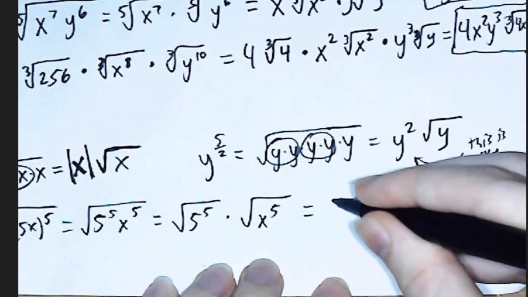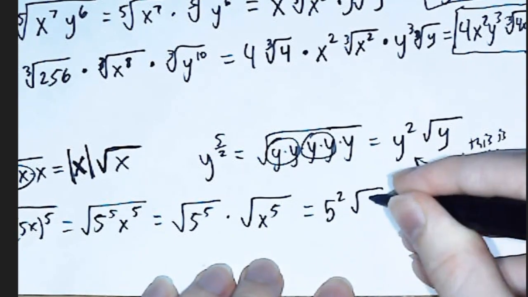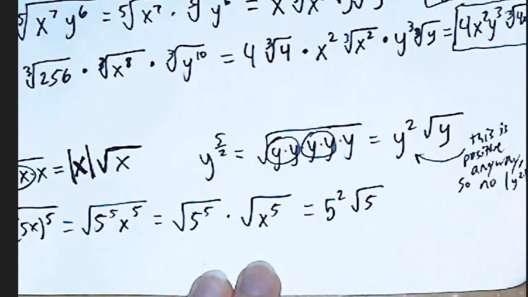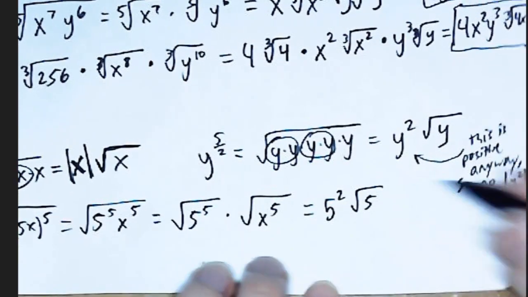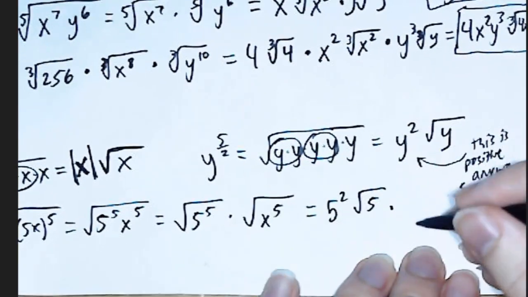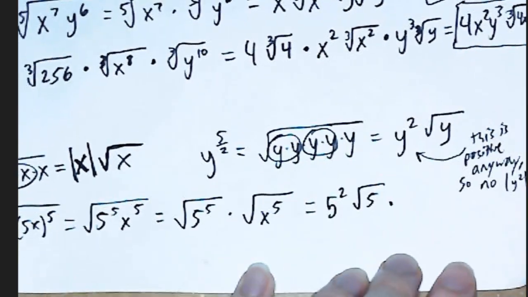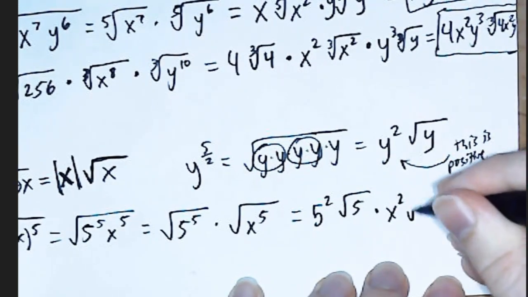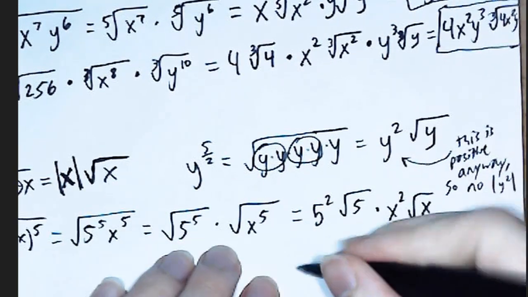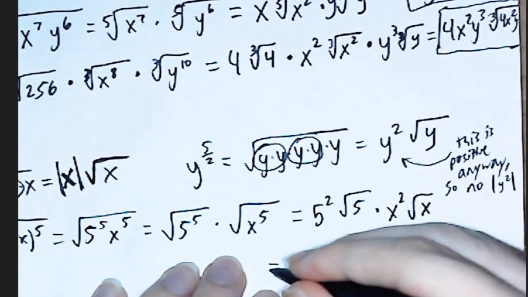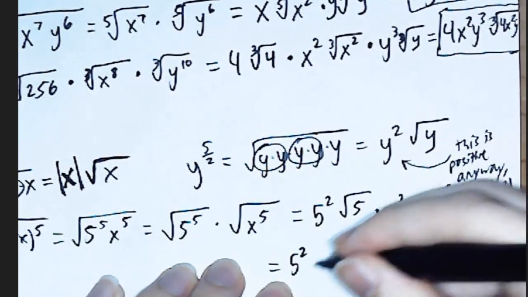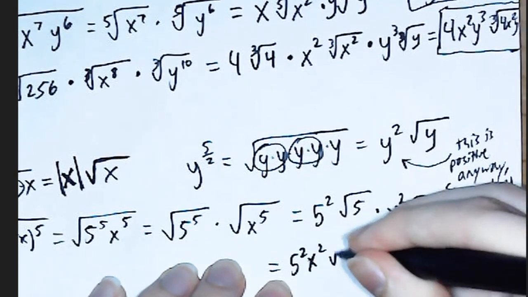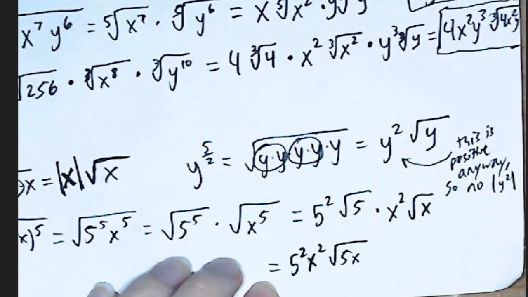So this is going to be 5 squared times the square root of 5 left over. We can do the same thing with the x's. We know that there are 5 x's here, so there's going to be two groups of x's that we can pull out with one left over. So this is going to give us 5 squared, x squared, times the square root of 5x.